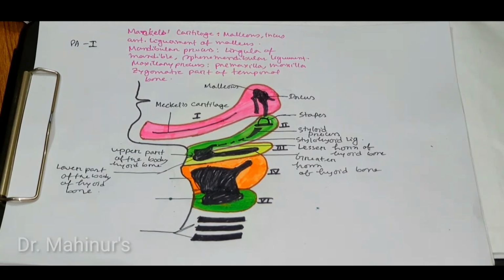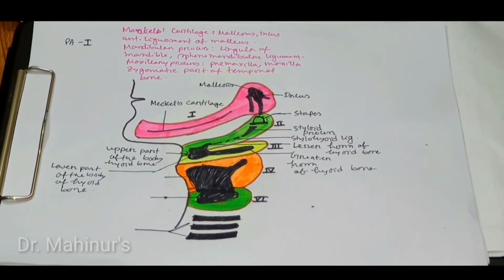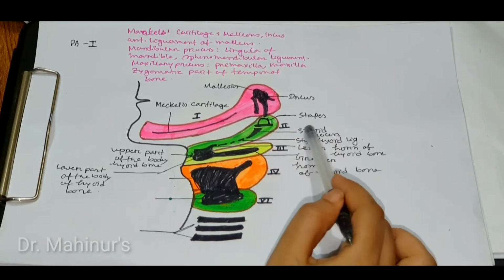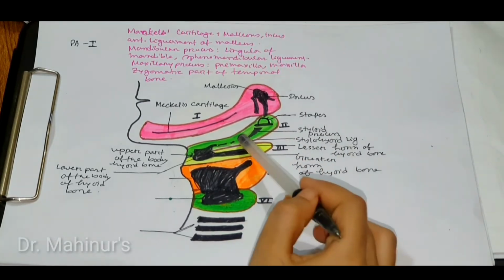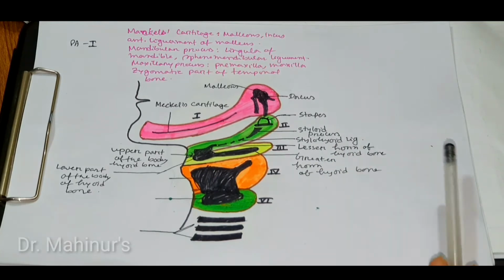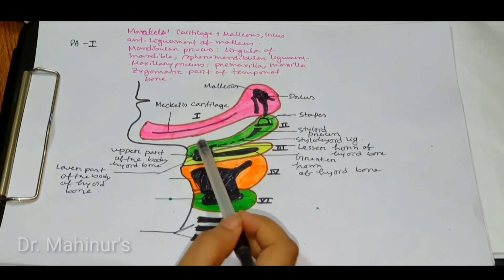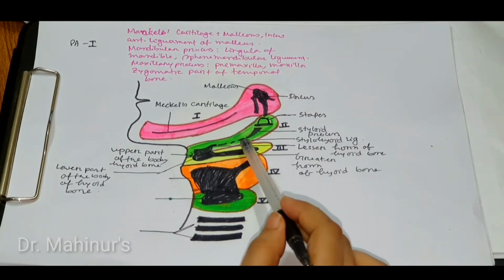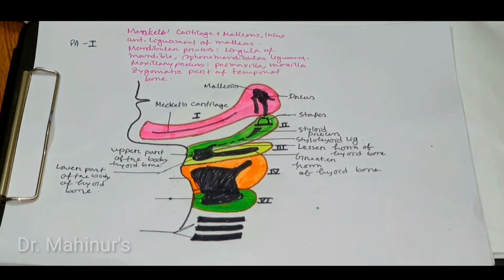So the cartilages of the second pharyngeal arch are stapes, styloid process, stylohyoid ligament. This one is the upper part of the body of hyoid bone, and this one is lesser horn of hyoid bone.